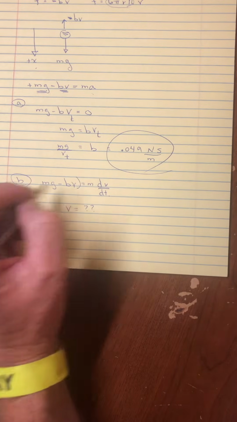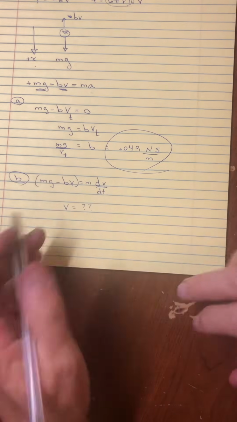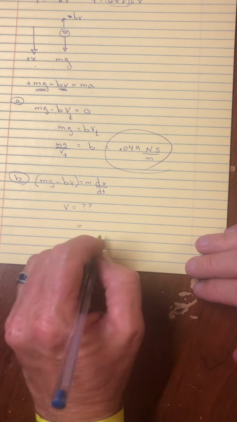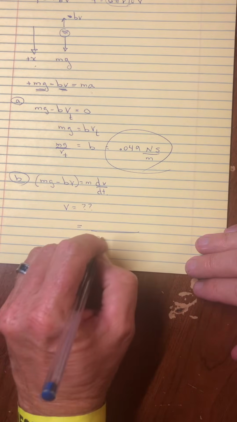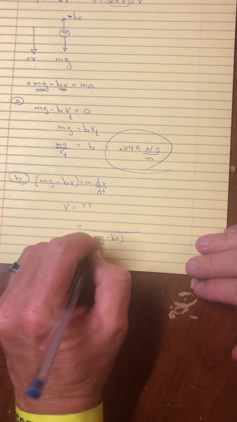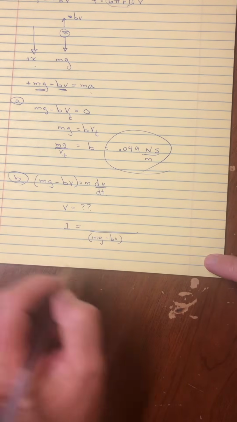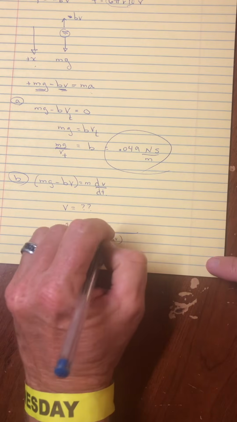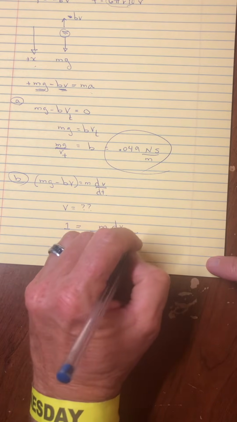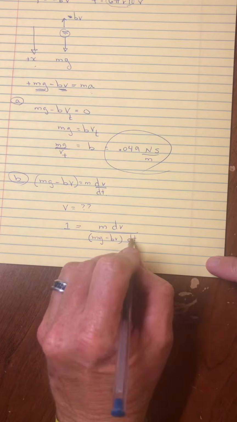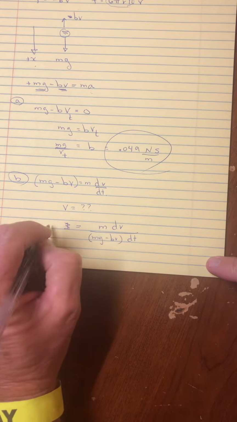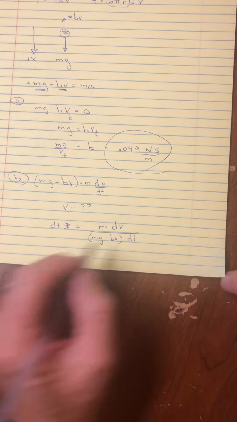So I'll group this together and move it over. If I move it over, I get mg minus bv as a group when I divide. Of course, I'm left with a 1 over here, and then I would have this m dv dt. And then if I move the dt over to here, I just get dt.